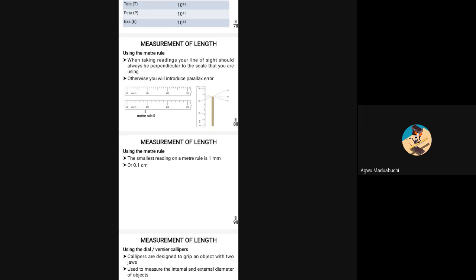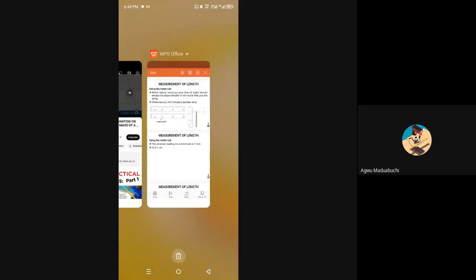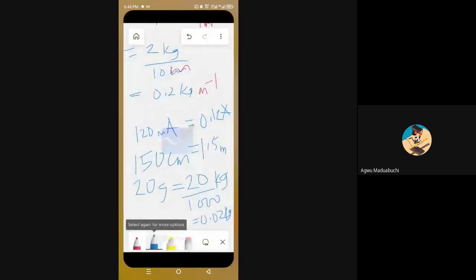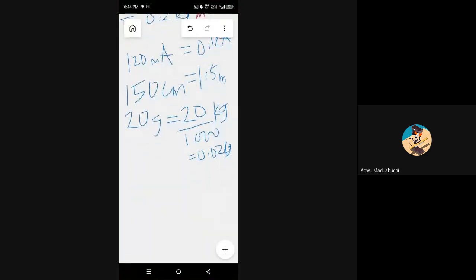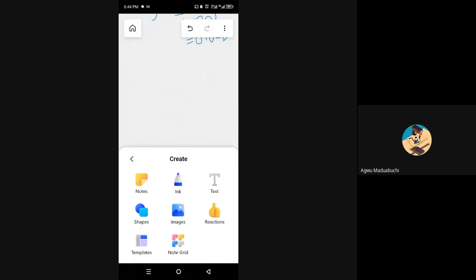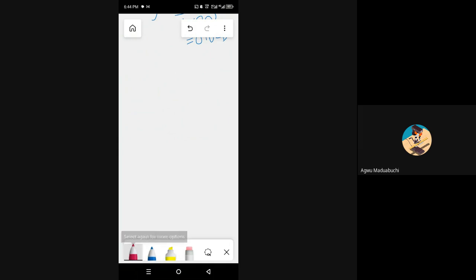Who's reading slide 9? The smallest measurement of length using a meter rule. The smallest reading on a meter rule is 1 millimeter or 0.1 centimeter. Good. What we are saying here is that if you are asked to record readings and you are using a meter rule, are you with me?